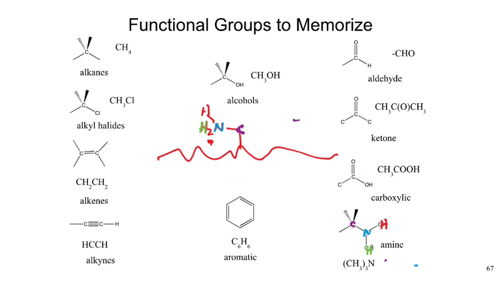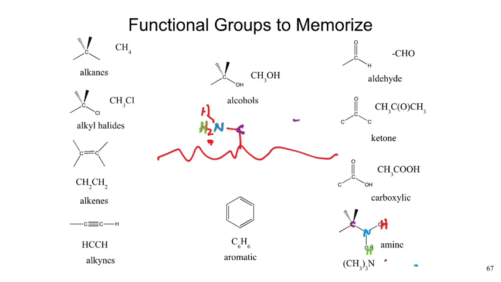The amine is a tricky one because you can have what's known as a tertiary amine. Tertiary meaning the number of carbons it's bonded to. Tertiary being how many carbons? 3. If all 3 of those are carbons, it's a tertiary amine. If 2 of them are carbons, it's a secondary amine.